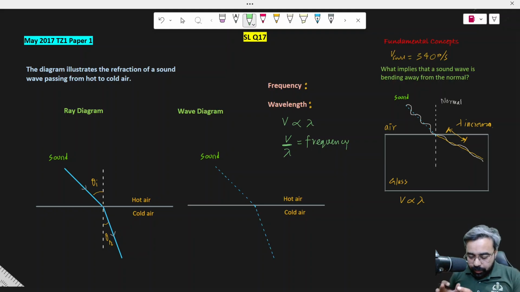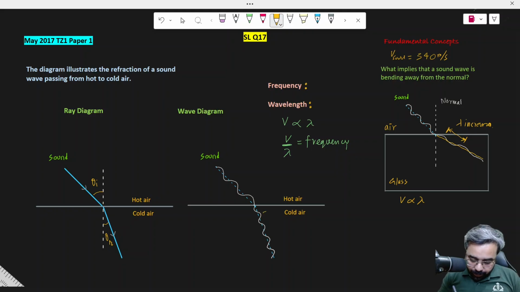If you apply this concept to this diagram, just imagine this is a sound which is going to the other medium and right now it hits at that point. We are given the path of this sound. So at this point we must draw the compressed sound waves. Why?